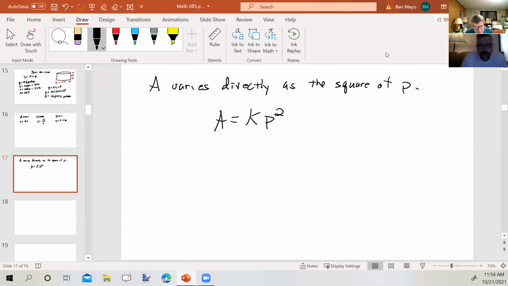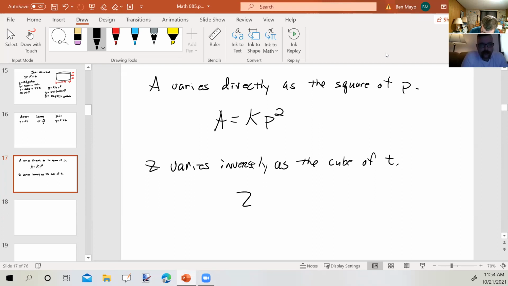Again, notice K is included, even though it's not mentioned. All right. How about this one? Z varies inversely as the cube of T. So Z equals K over T cubed.